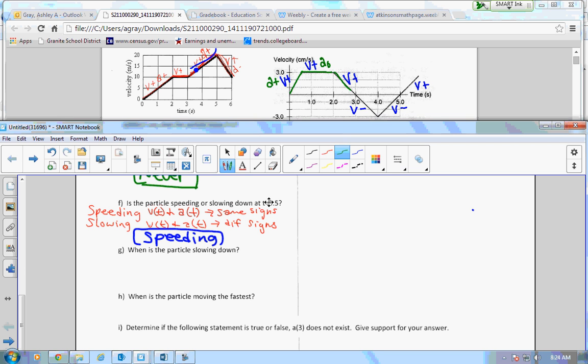Okay, there to there. Negative. So in both of these sections, we'd write negative, right? And from here to here? Positive, both sections. So if we want to know when it's slowing, oh, we didn't do that one yet. At 3.5, 3.5 is right here. It's speeding because they're the same.